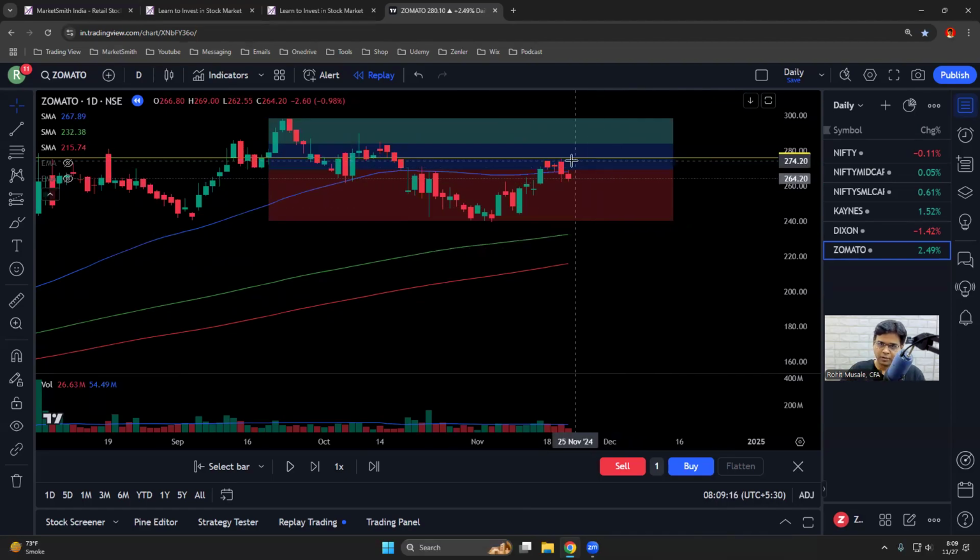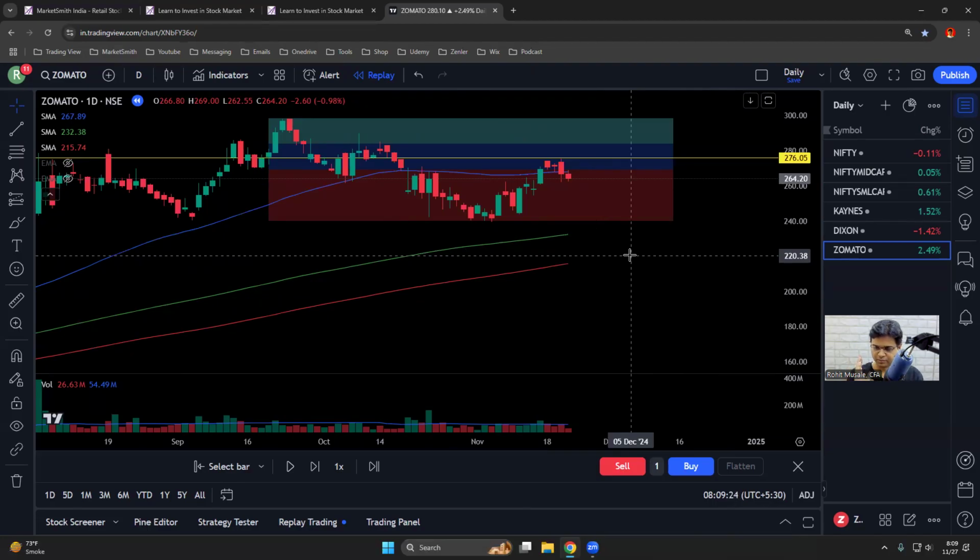Where is the yellow line? The yellow line is in the blue zone. Normally, when the yellow line is in the blue zone, I am demanding 6 points in the base. 6 points in the base means 3 contractions. If I don't get 6 points, I am not buying the stock. Why? Because currently the market is under pressure.